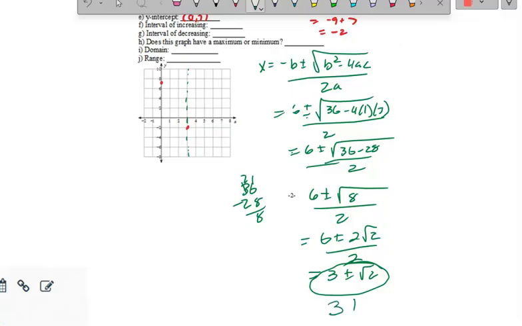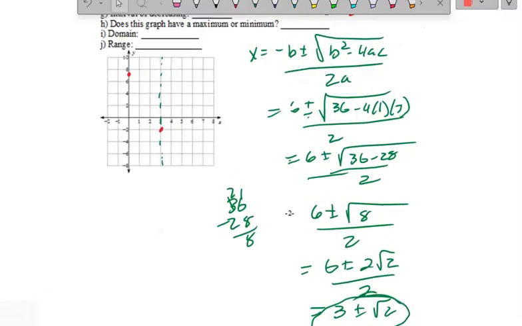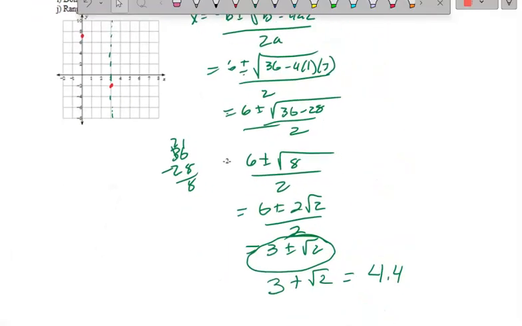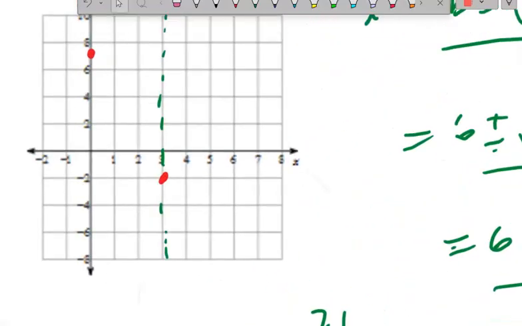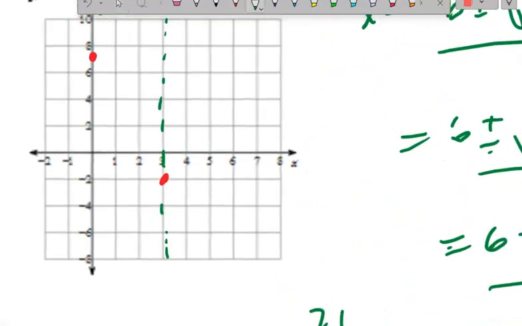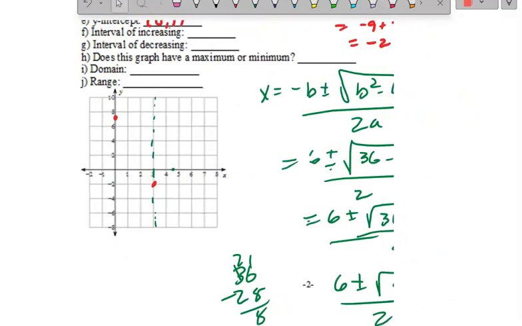So 3 plus radical 2 is about 4.414. So if I plug in 4.4, there's 4, there's 4.5, so it's somewhere around here. It's a little less than 4.5.